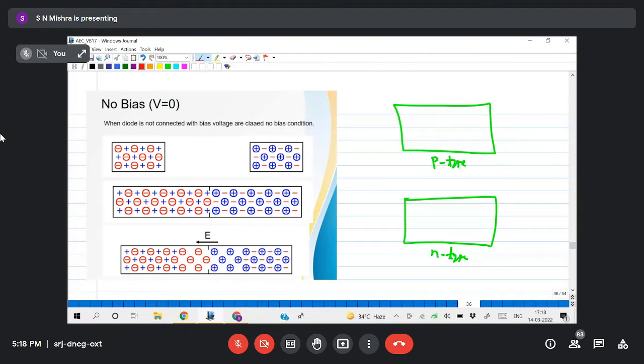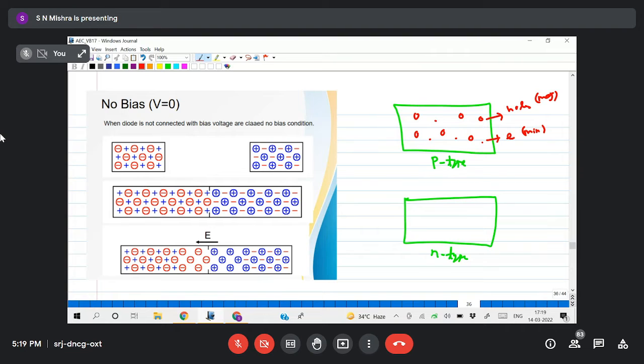Holes as majority carrier. Like that you have to tell. This is the holes and this is the majority carrier. But the minority carrier? Electrons. Electrons are minority carrier.